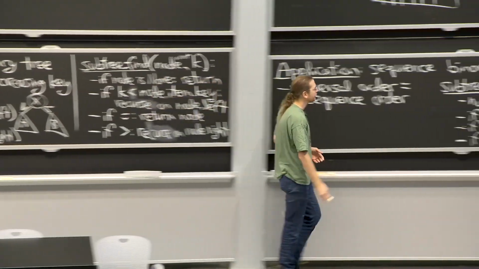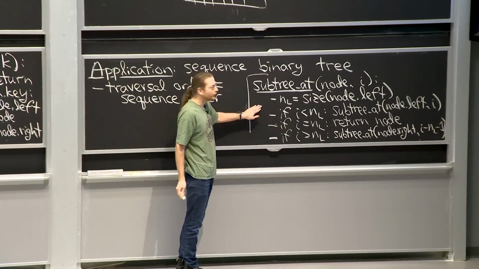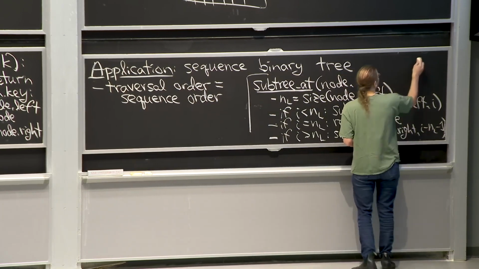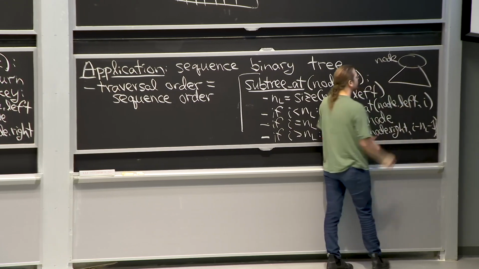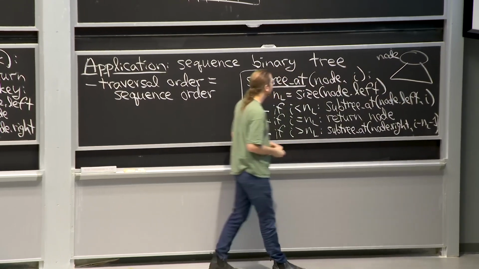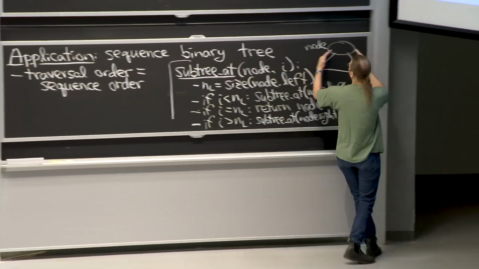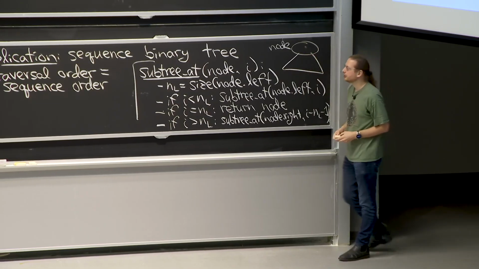And here is an algorithm for what I would like to work, but it's not going to quite work yet. So suppose I give you a subtree, specified by a node. So there's all the descendants of that node. And I'd like to know what is in the traversal order of that subtree, which starts here and ends here, and the root will be somewhere in the middle.